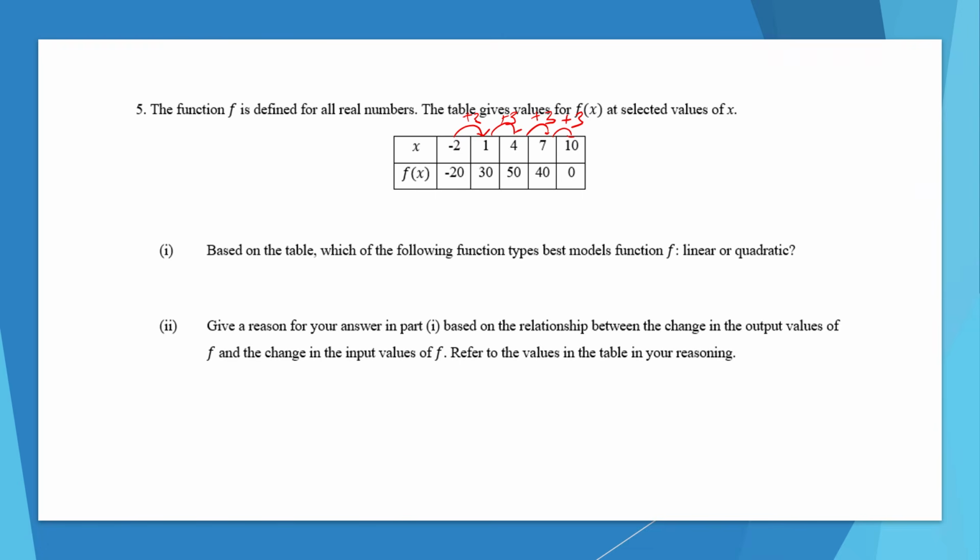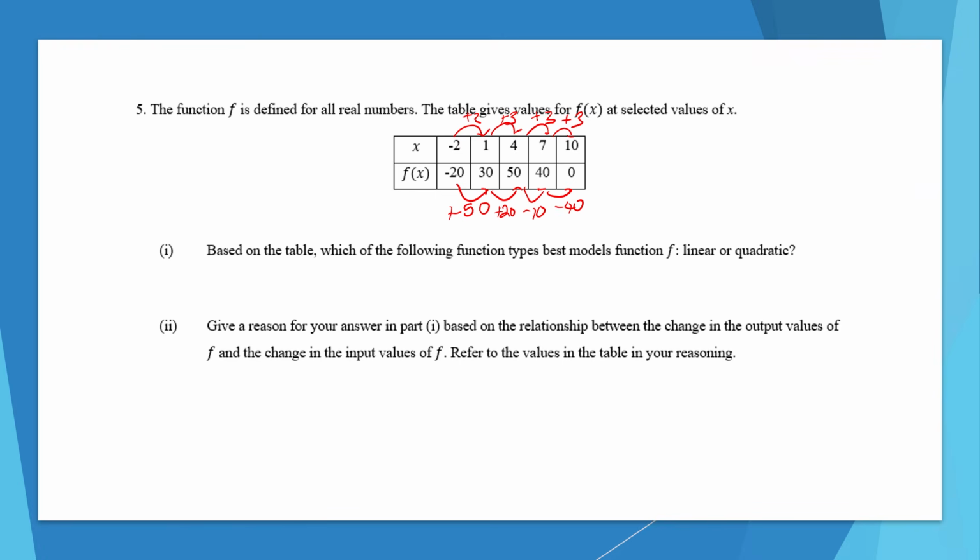Looking at our y values, our outputs, be really careful with your addition and subtraction. From -20 to 30, this is not 10 or -10, this is +50. 30 to 50 is +20. 50 to 40 is -10. 40 to 0 is -40.